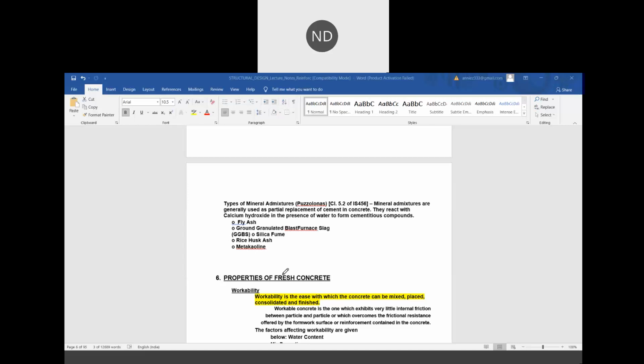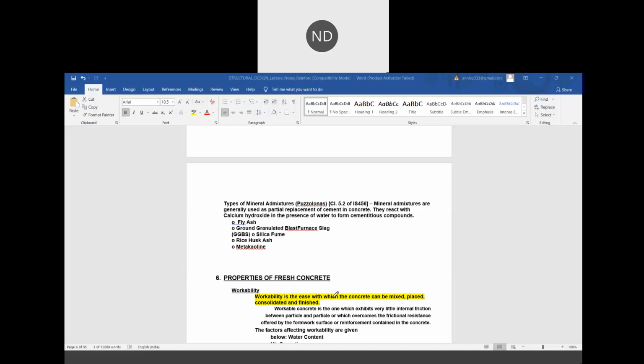Suppose your clear cover is 10 mm, so 10 minus 5, whichever is smaller, that will be your maximum size of the aggregate. That means this is 7, this is your 5.